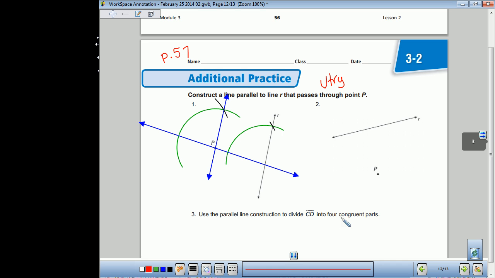Check the line parallel to AB. Yes. I'm never prepared for this. You will.